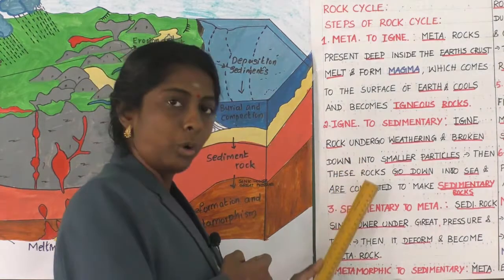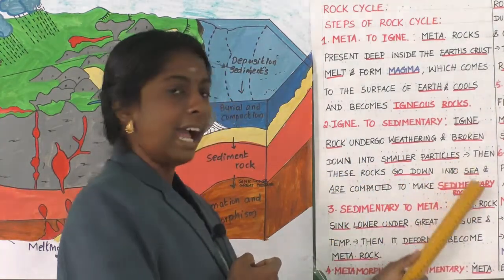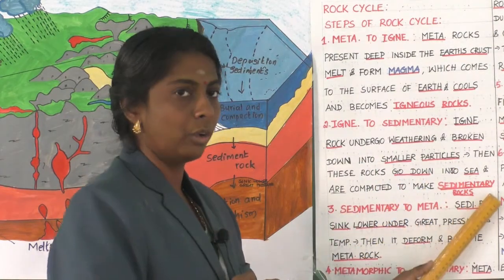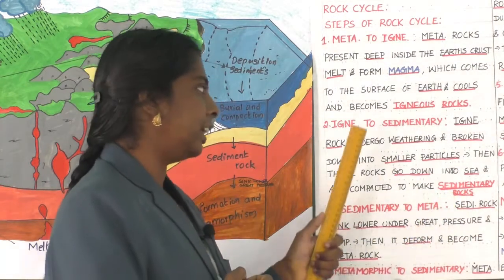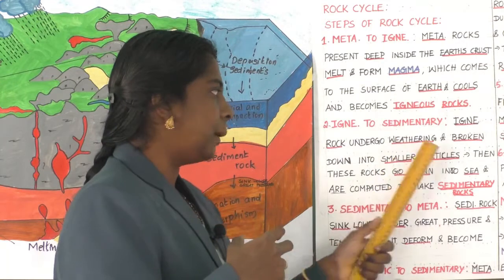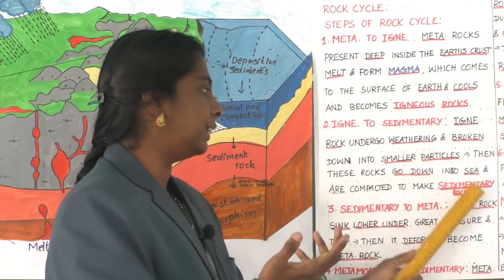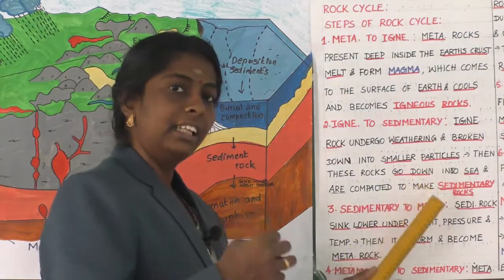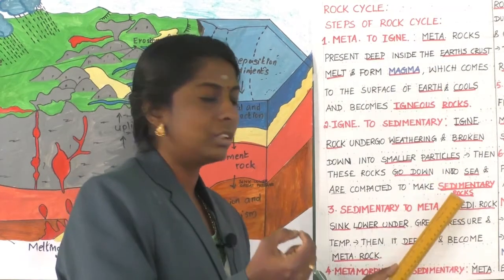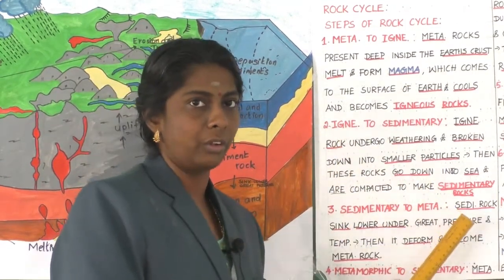Then these rocks go down into sea and are compacted to make sedimentary rocks. So, it undergo weathering, they are further broken down into smaller particles, then it is transferred deep under the sea and then they form sedimentary rock. So, this is how igneous rock is transferred to sedimentary rock.